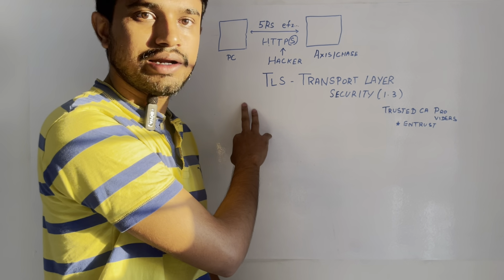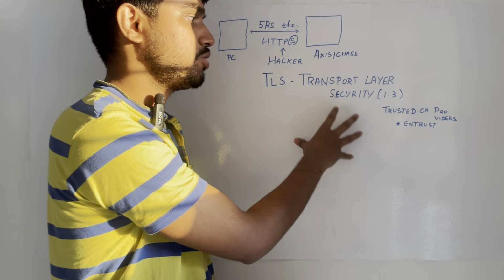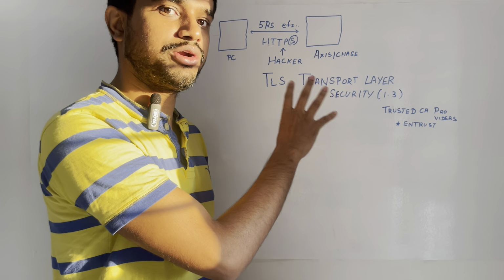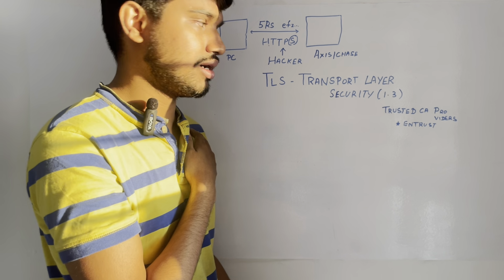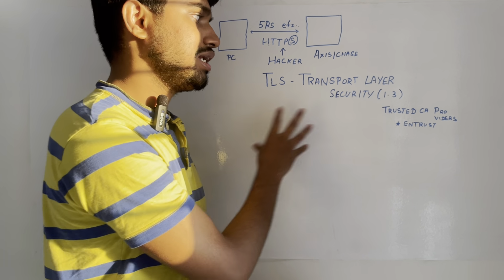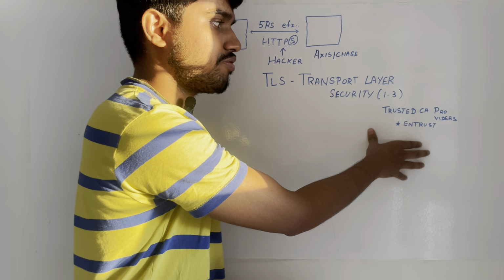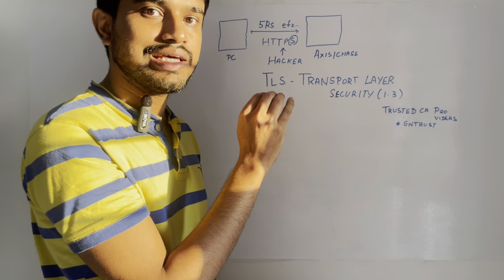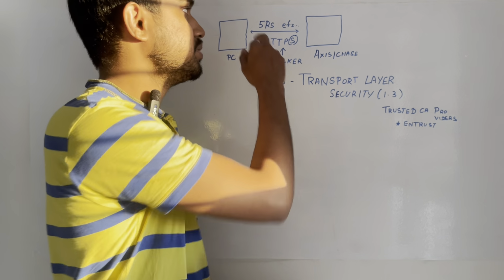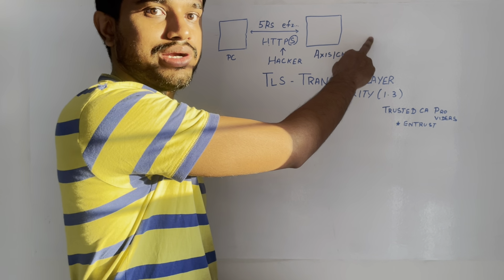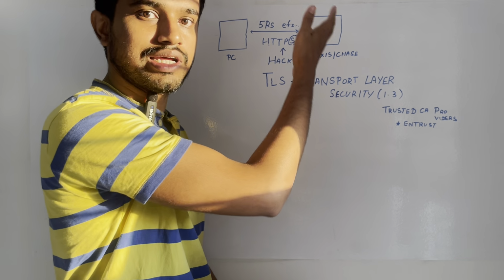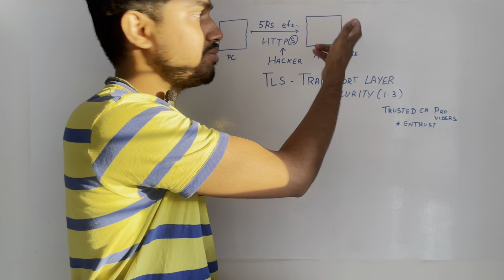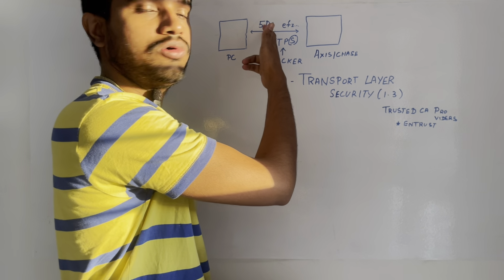So a client says to the server, hey, I want it to be encrypted. I want to be safe in the internet. So first, give me the certificate which you got from the trusted authority so that I know you are Axis Bank. And then let's agree on how you will encrypt this so that I can decrypt it at the end. If you encrypt it in a certain algorithm and I don't know the algorithm, I cannot convert this EPZ to 5 rupees.